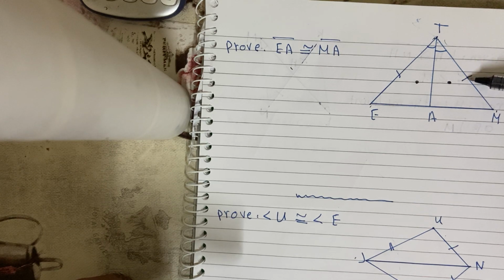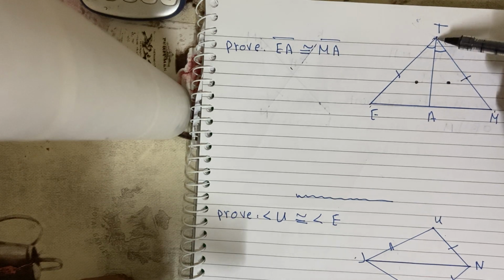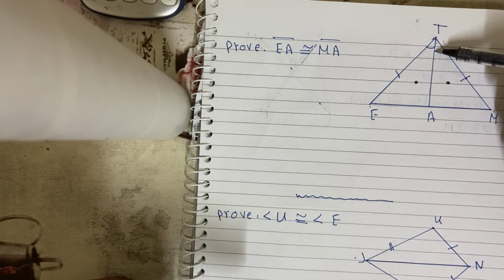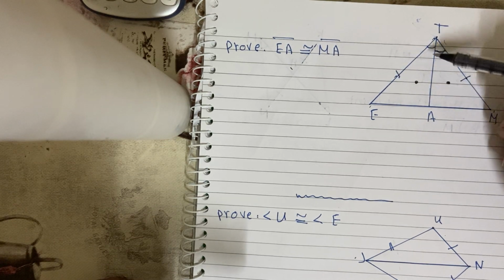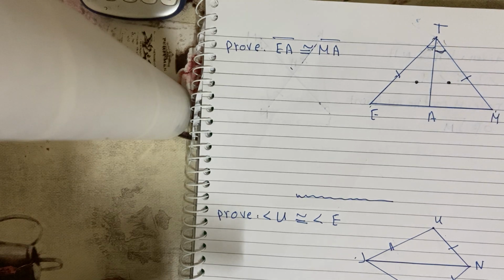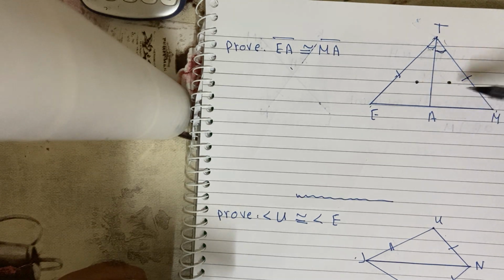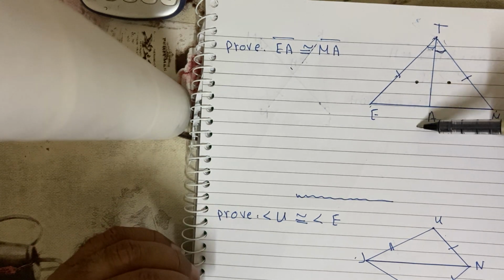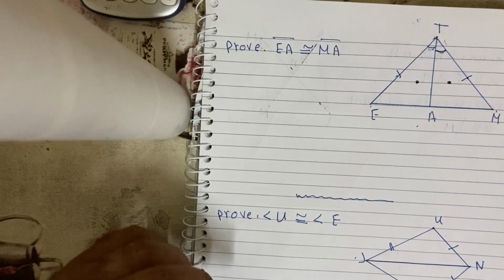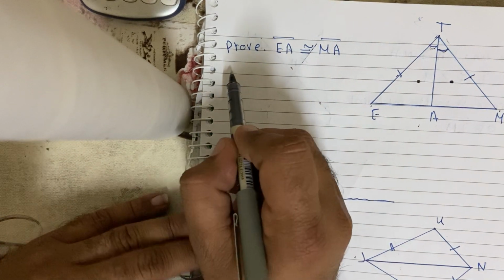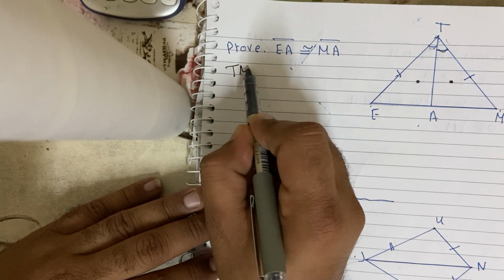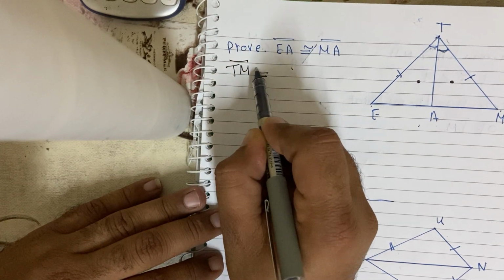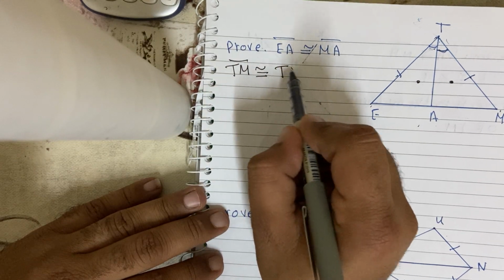So you have side and also side and included angle between them. So the two triangles are congruent, so EA is congruent to MA. Let's write the proof. First, TM is congruent to TE.